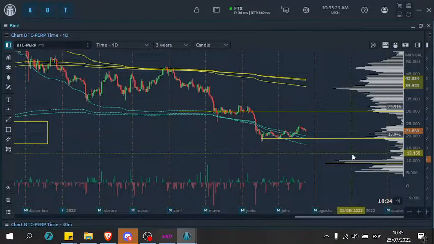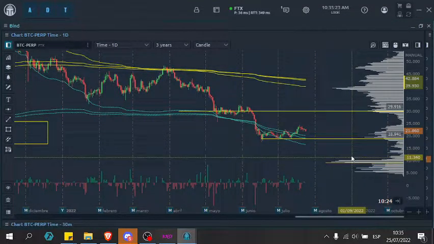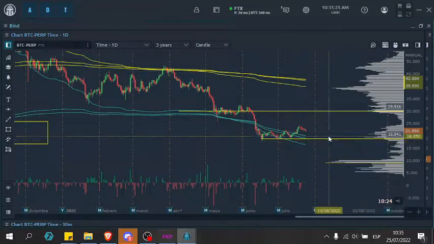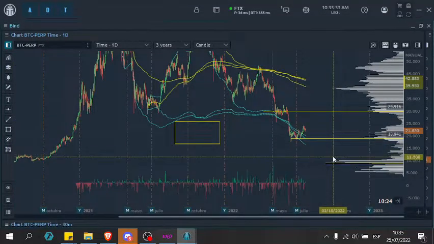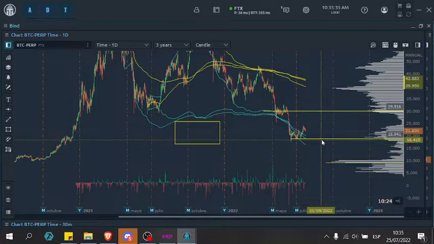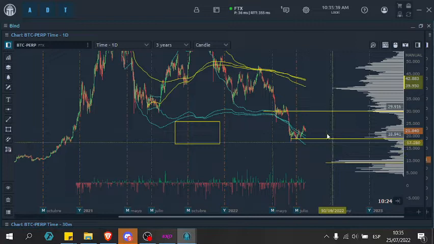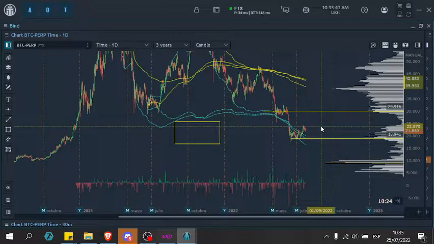I don't think it's a technique, but based on the volume distribution picture and context, this area from 20k to 10k has a lot of stacked orders, let's say, and the volume picture also doesn't show us a level where it will be easier to stop a falling knife, if you want to call it that way.